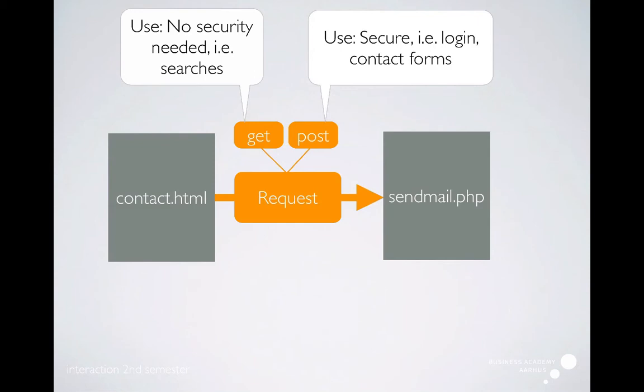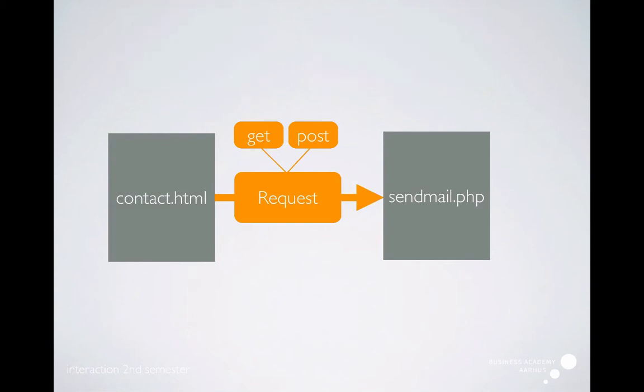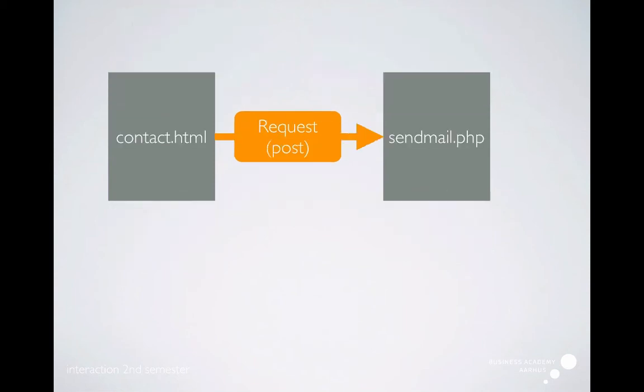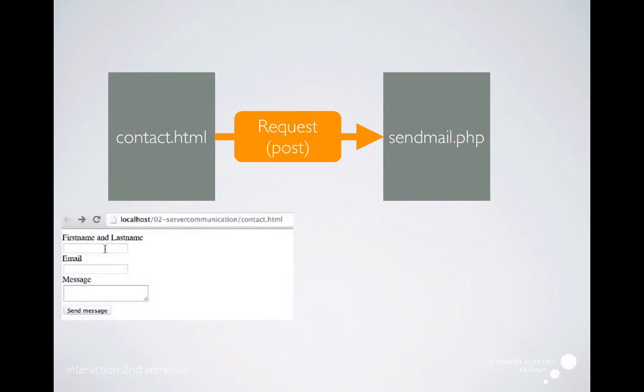So let's have a look at a small example. We want to send this request, and this is a contact form with just a name, an email, and then a message.